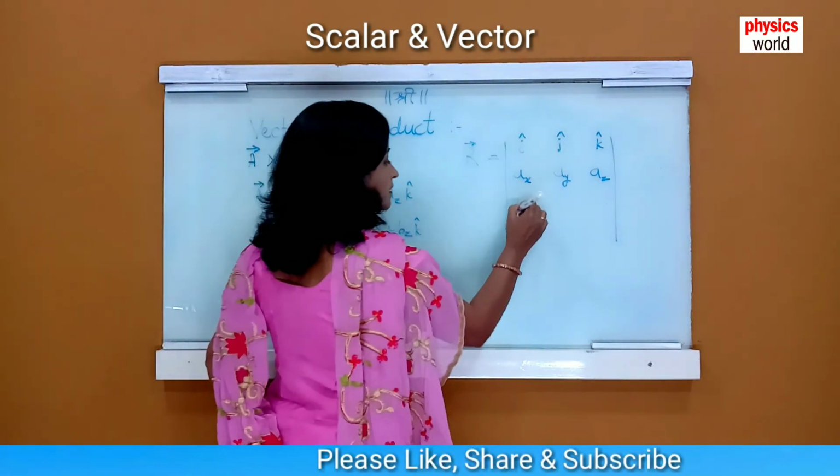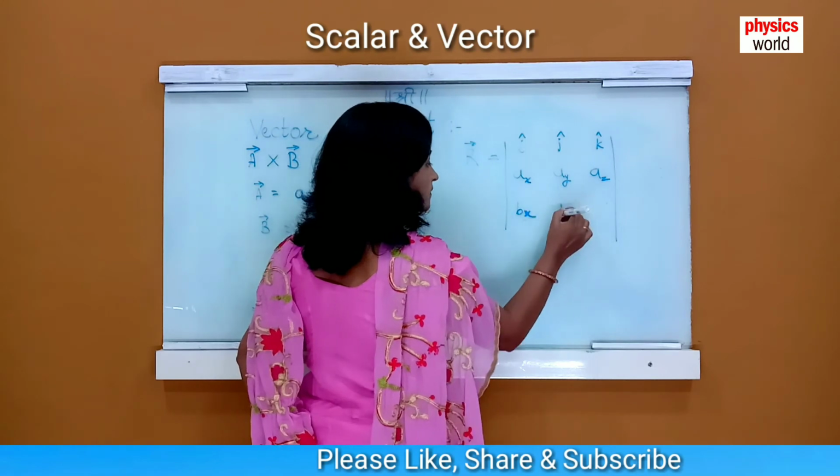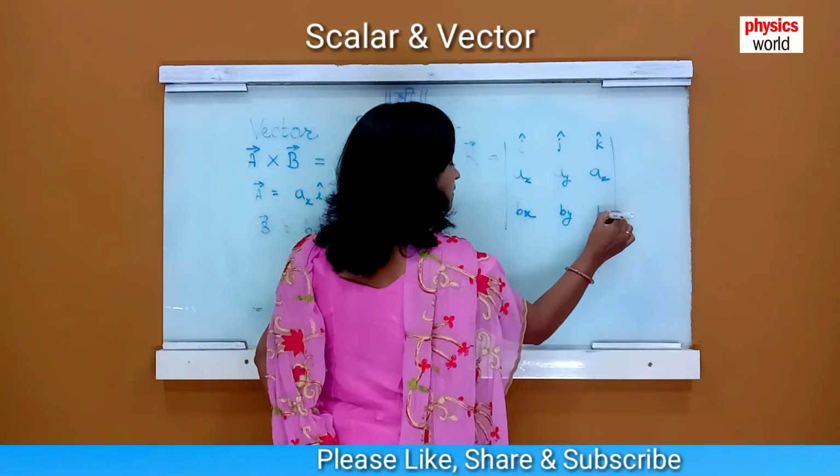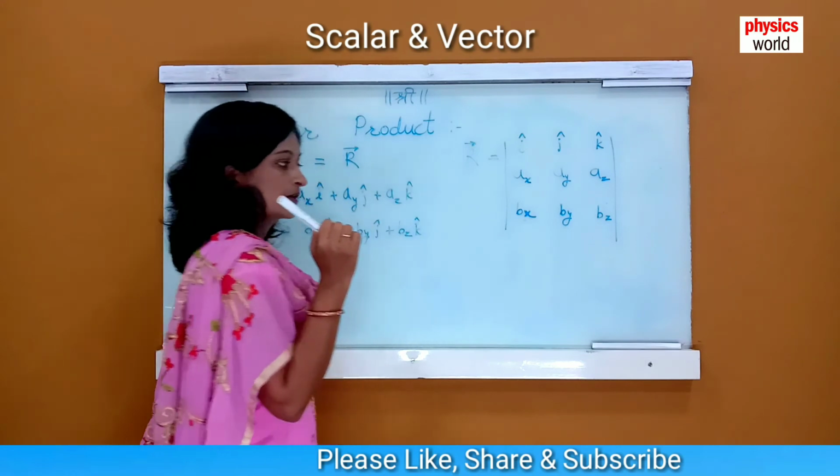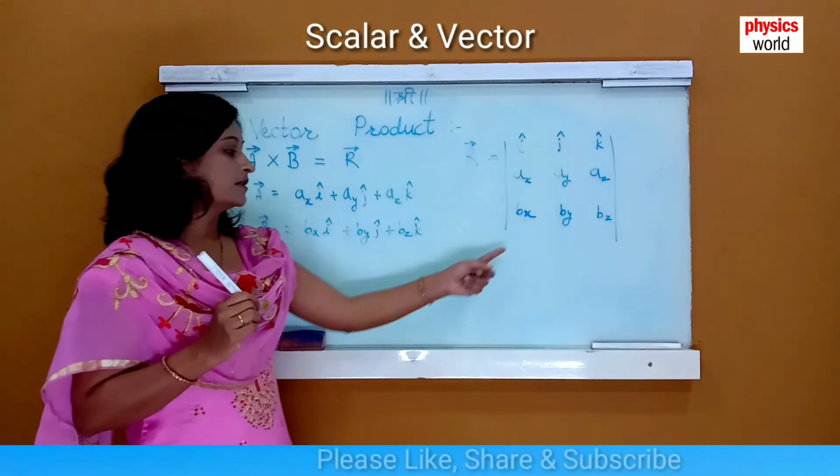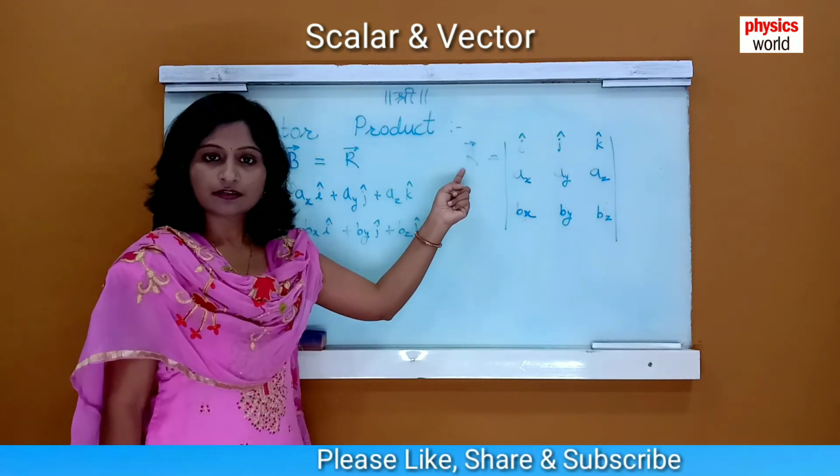So we write here Bx, By and Bz. When we solve this determinant, we will get the resultant R.